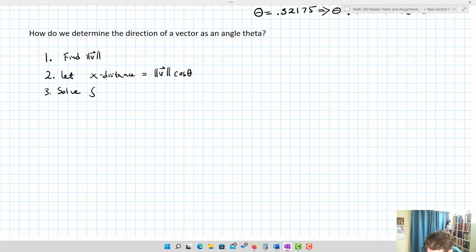You can also use y equal to the magnitude of v sine theta. That's also allowed. In either case, you're going to be solving for theta. What you want to do, though, is remember the quadrant that theta is in. And that's going to end up being really important.